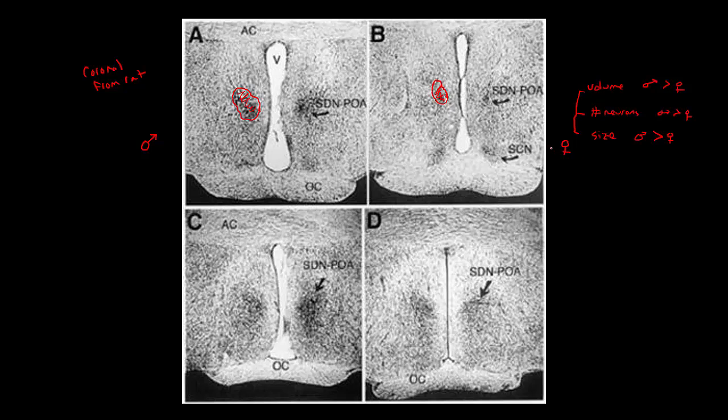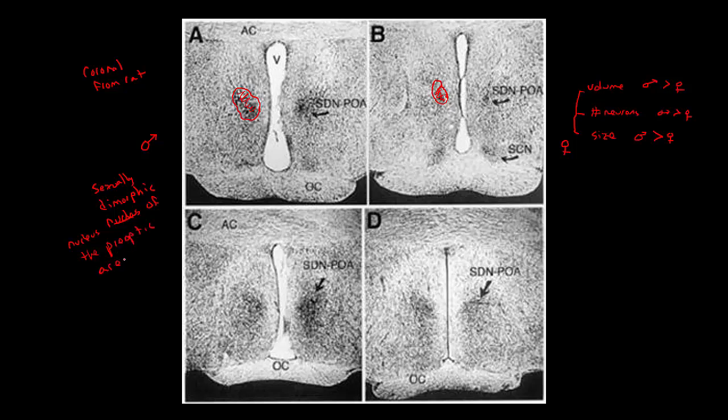But by the way, SDN-POA stands for sexually dimorphic nucleus of the preoptic area.